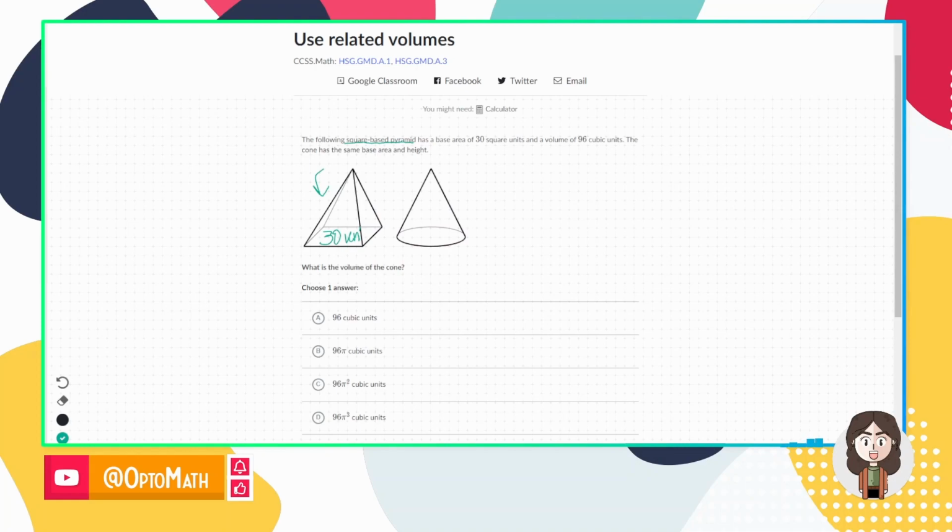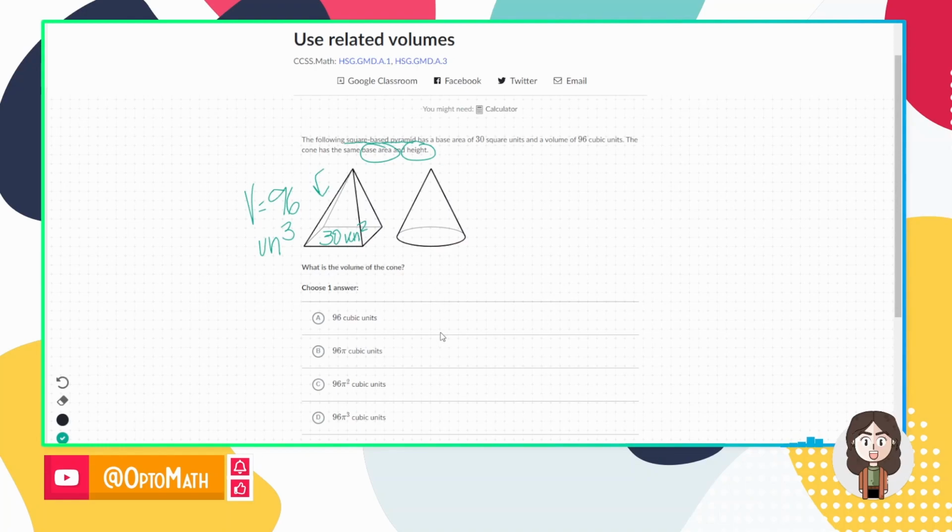I'm just going to do UN for units. Here's my little squared. Let's fix it. There we go. And a volume, so big V here, of 96, of course, cubic units. The cone has the same base area and height.